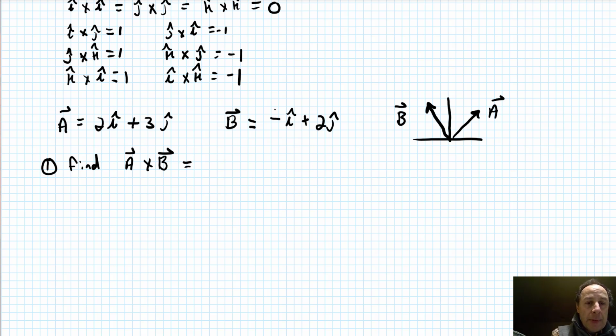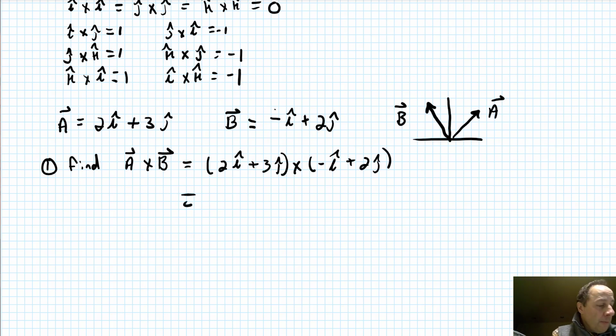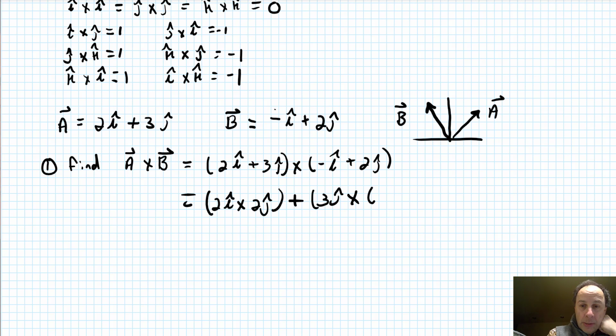All right, so write this down again. Okay, so we've got 2i cross 2j plus 3j cross minus i.